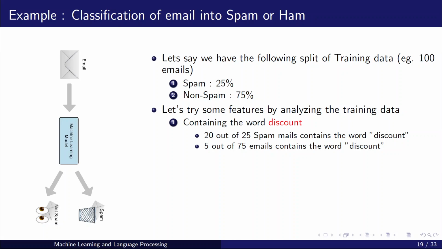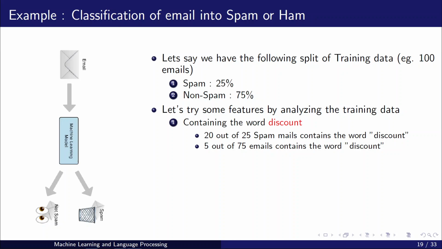By analyzing your training data, you understood that some of the features are making these emails spam or non-spam. Let's say by analyzing it, we have understood that for an email containing the word discount, 20 out of 25 spam emails contain this word discount, and 5 out of 75 non-spam emails contain this word discount.